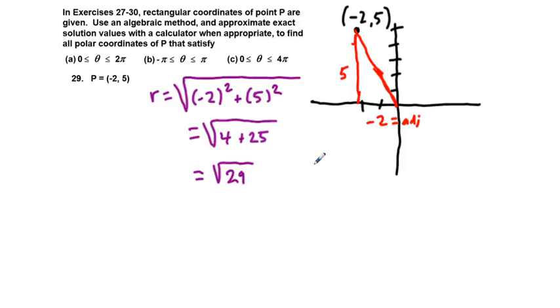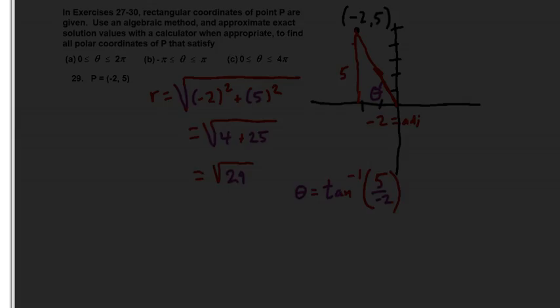And to find out what the angle is, well, our angle is going to be inverse tangent of opposite over adjacent, which is going to be 5 over negative 2. We're going to get an answer of a negative angle. I'll call this theta prime over here in purple.